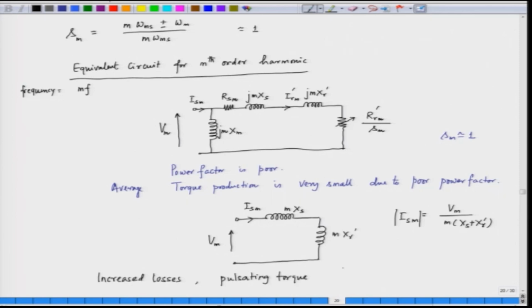These are the effects of harmonics on the operation of the induction motor. There is very little average torque contribution from the harmonic components. The harmonic components are mainly responsible for heating of the motor by increasing the losses, both core loss and copper loss. So, the motor has to be derated when the input supply is not sinusoidal.